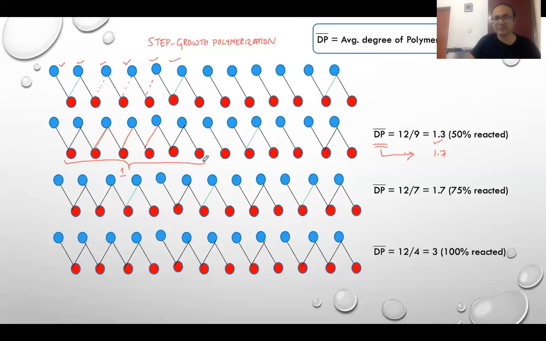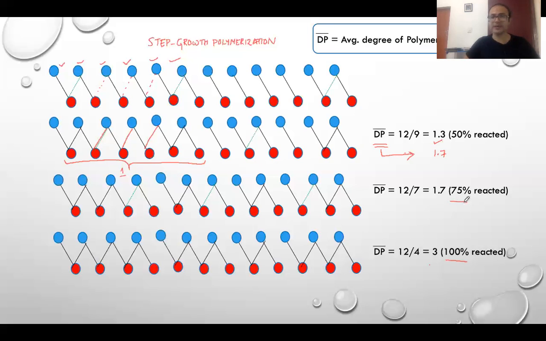In a similar manner, continue: after 75% of the reaction, what is the degree of polymerization? After 100%, what is the degree of polymerization? Try to react further, calculate how many monomers should react to give you 75%, and then count the molecules in the reaction mixture, divide 12 by that number, and you will get the average degree of polymerization.